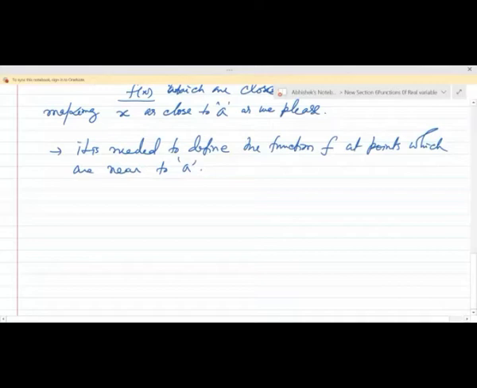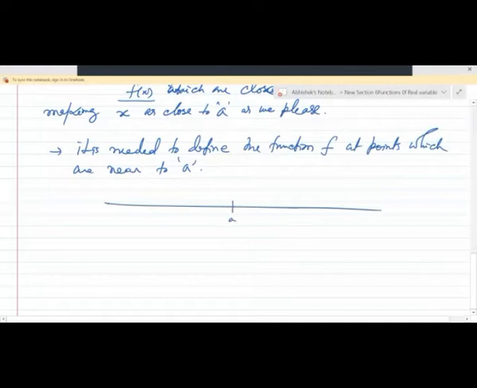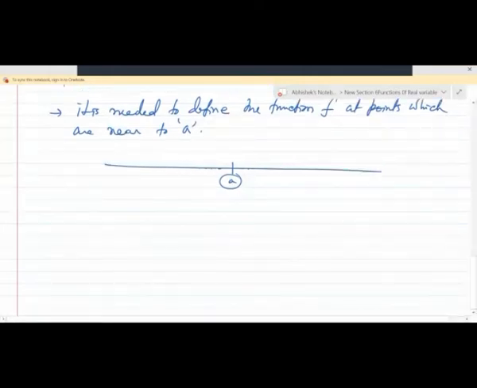So I am interested in those f(x) which are close to a, not in the value of f at a. That is not my concern.